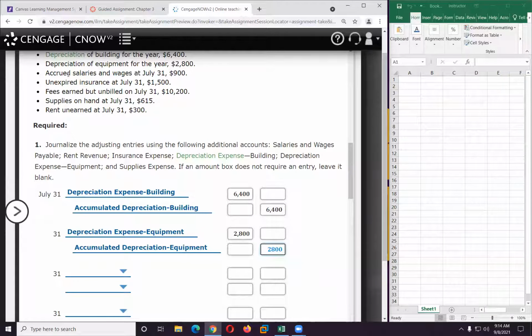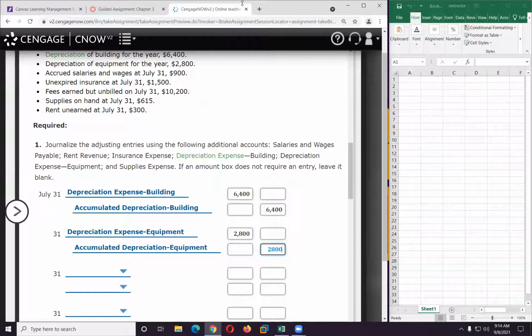So it will show all of the expense we've incurred, even though we're not going to pay the employees till the next payday, okay? So if you have an employer that pays every other Friday, which is pretty normal, they'll have a certain amount of salaries and wages at the end of the month that have been earned by the employees and incurred as an expense by the employer, but have not yet been paid.